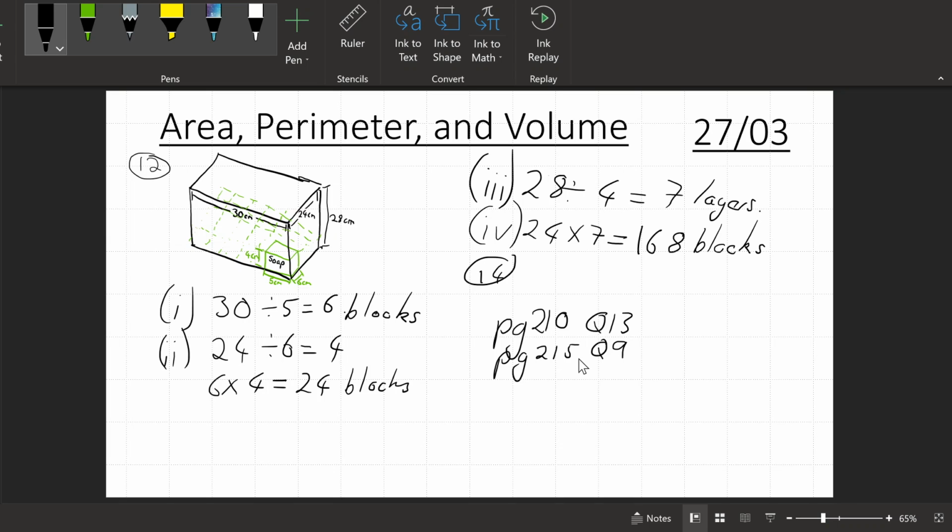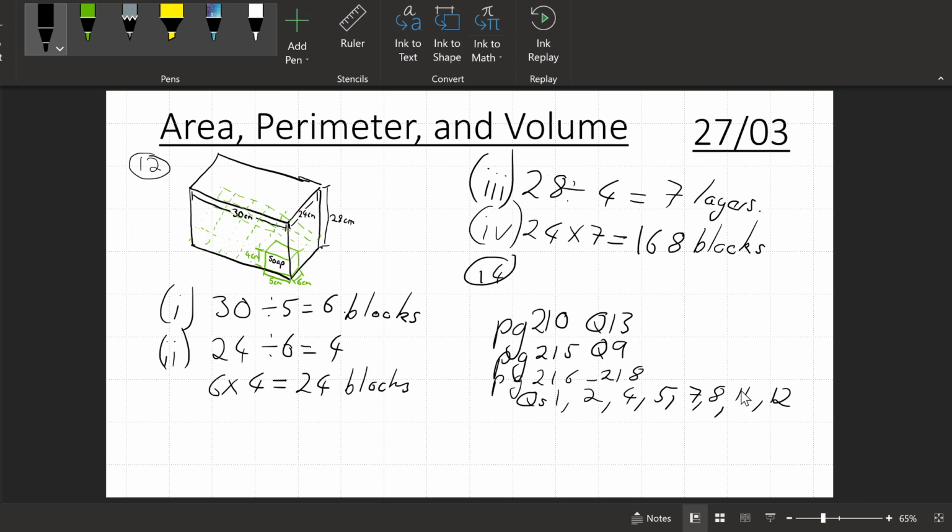That one's a bit unusual, as it's kind of not giving you all of the net of a cuboid, but that'll require a little bit of reasoning. And then page 216 to 218, we're going to do questions 1, 2, 4, 5, 7, 8, 11, and 12.